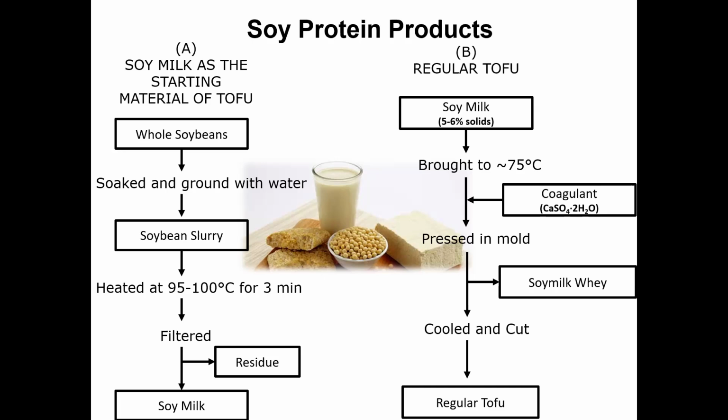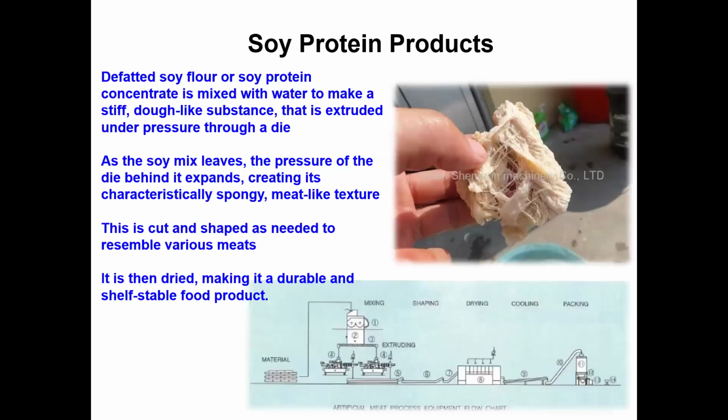Any other questions? Then texturization is also big for soy. It's one of 2 proteins that texturize really well. What's the other one? Gluten. So often in the market, you see products simulating chicken structures, either completely soy, completely gluten, or a mixture of both.